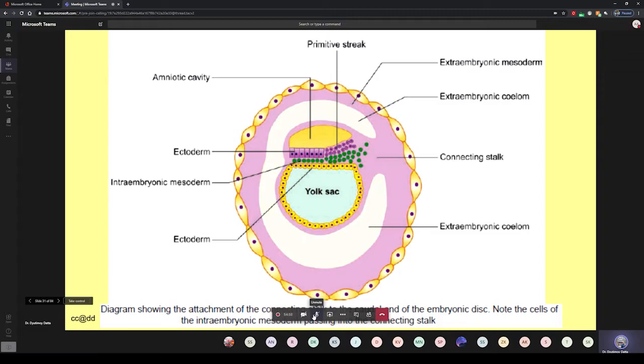Fine. Then you can see in the extra embryonic mesoderm, those were things which I put out as slides for you during the second week, that there will be an appearance of an extra embryonic coelom. You can see that very well here.